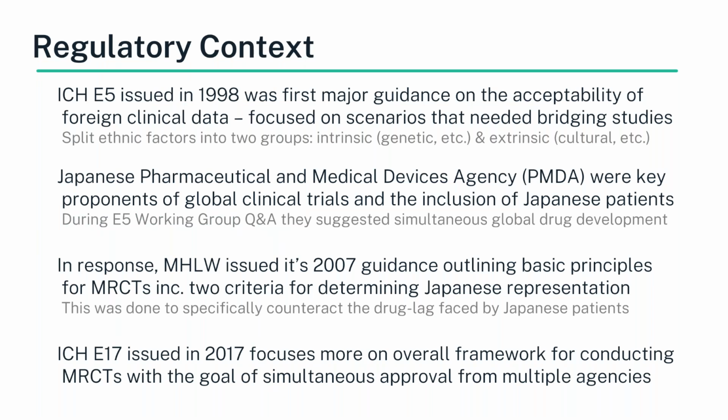And so following ICH E5, during the working group Q&A, the Japanese pharmaceutical and medical device agencies, PMDA, were key proponents for this idea of global trials, and this shift away from sequential drug development to this simultaneous global model.